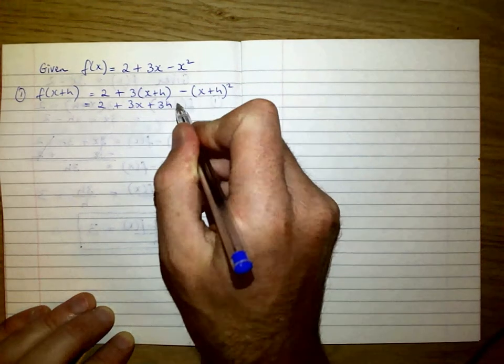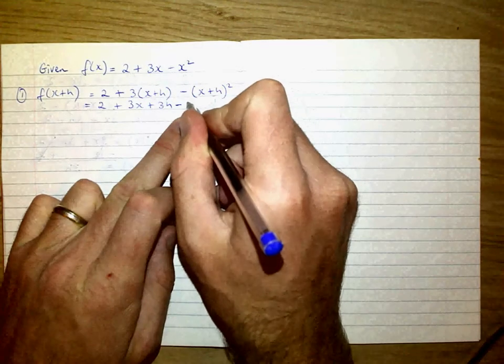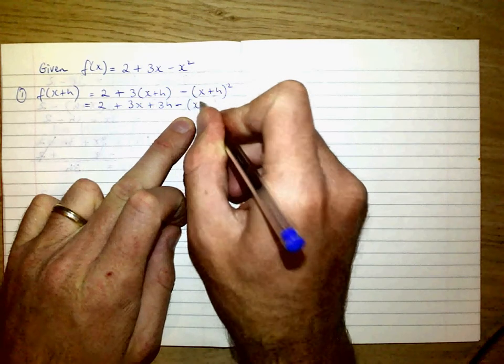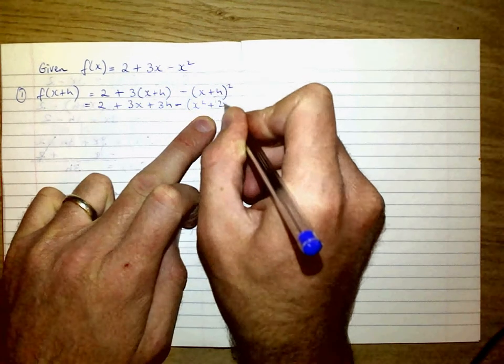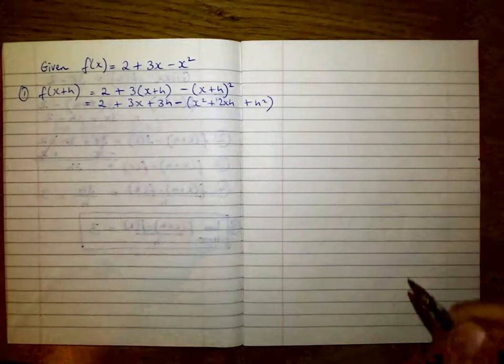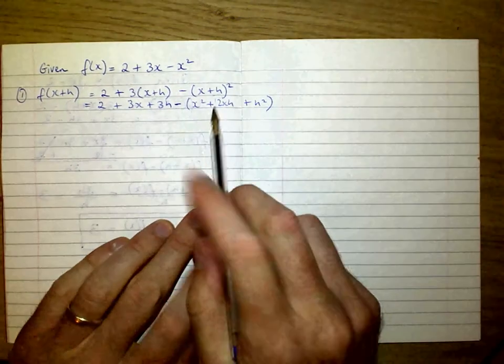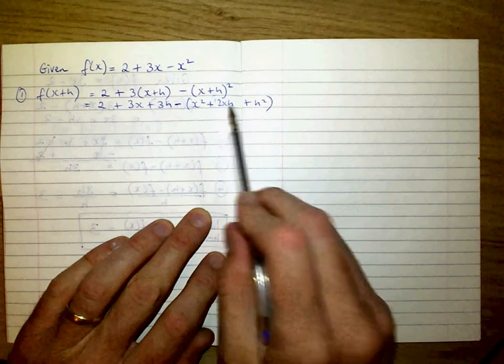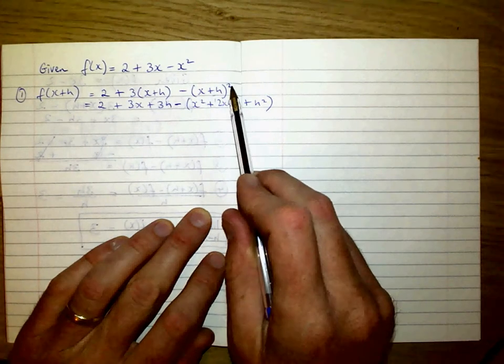You should start to see x squared plus 2xh plus h squared. Okay, so x squared plus 2xh plus h squared is x plus h squared.